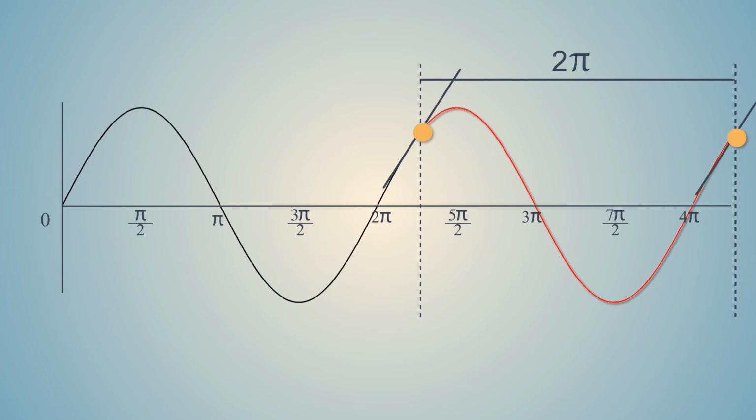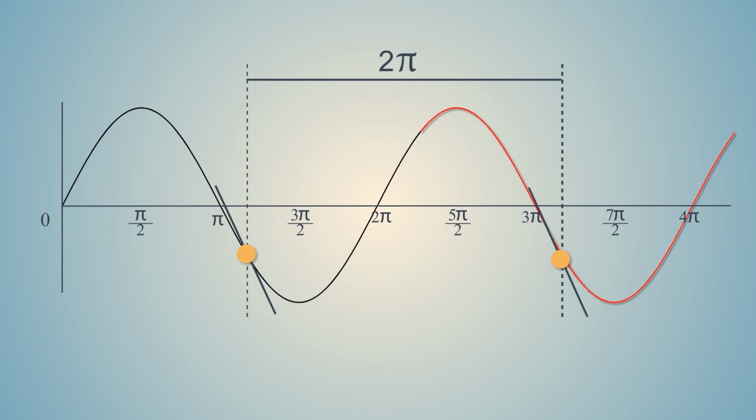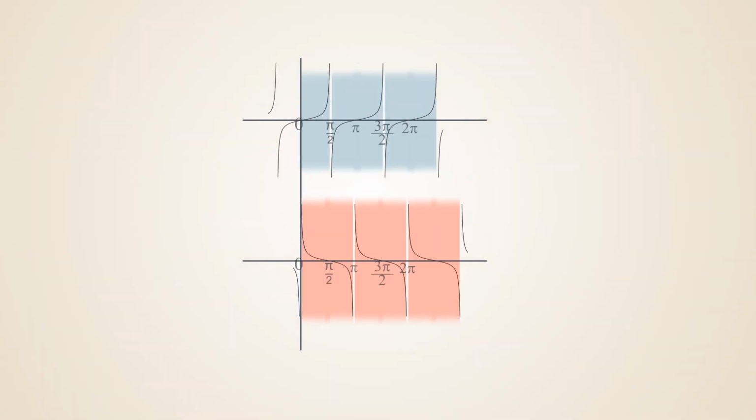That's because the value of sine of an angle and its nature is same for 2 pi plus that angle. Similarly, sec and cosec also start repeating after 2 pi radians, whereas tan and cot start repeating after pi radians.